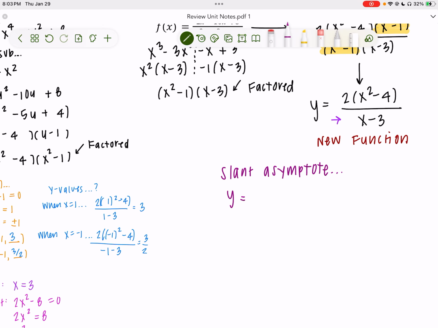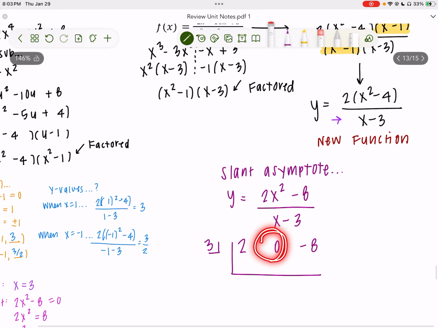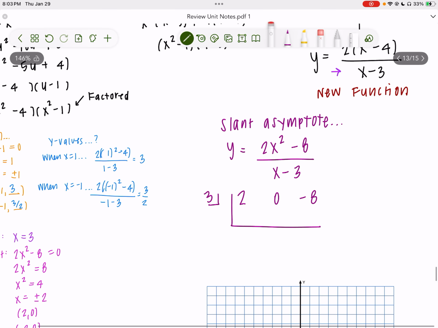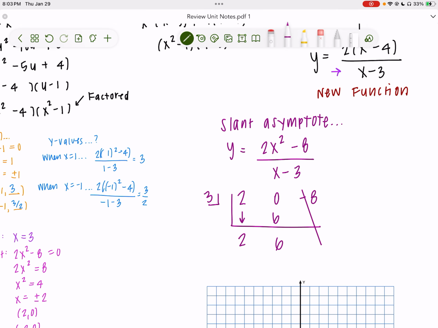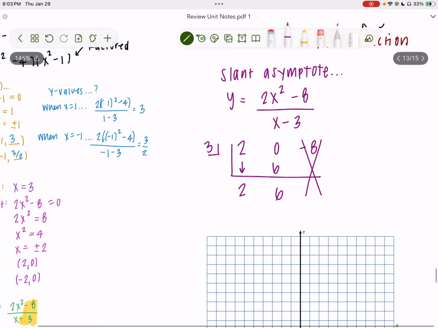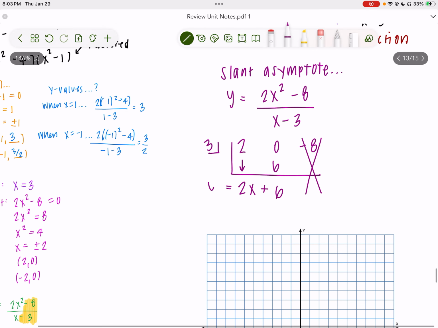We have y equals 2x squared minus 8 over x minus 3. 3 goes in the little box. We have 2, 0, and negative 8. Remember, the 0 is here because we do not have an x term, and we want to show that we don't have an x term. Bring down the 2 and multiply. The last column doesn't matter. So our slant asymptote is 2x plus.